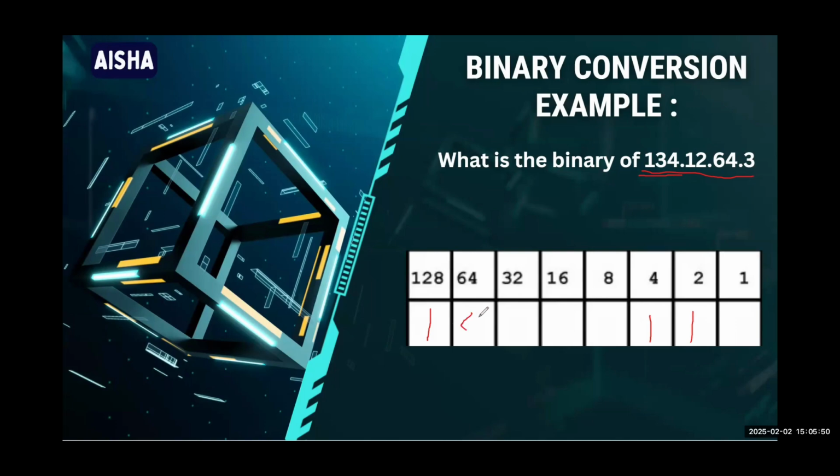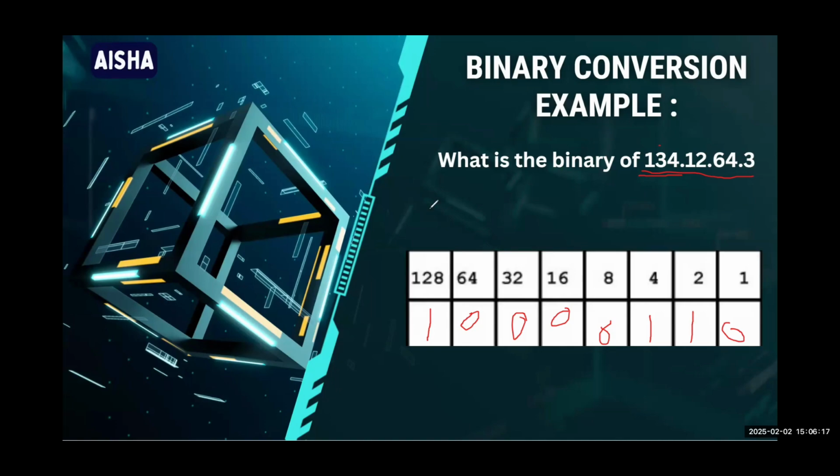For the rest we add zeros. We don't need to do anything with the rest of them. And just like that, we already turned 134 into binary, okay? So we already turned the first one into a binary. It's that simple. You do it step by step. You take the first one, turn that into a binary, and then you already did the first step.